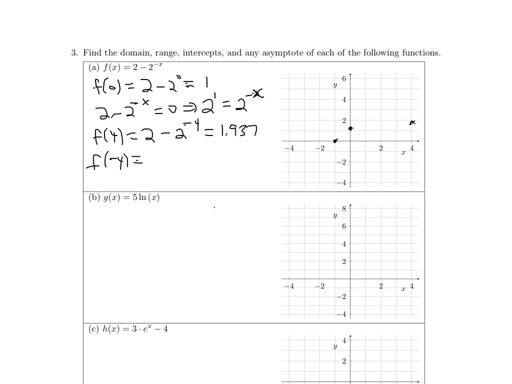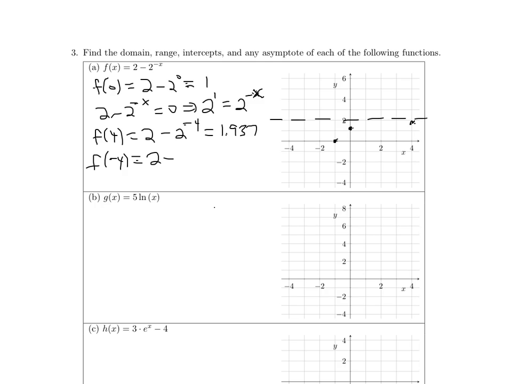Out at 4, we're almost to 2. If you look at the structure of this, it's just 2 minus something, and this something is going to get closer and closer to 0. So it makes sense that this is getting closer and closer to 2. That tells us our horizontal asymptote is 2, which means it should be flying off the screen in the other direction. So let's try it.